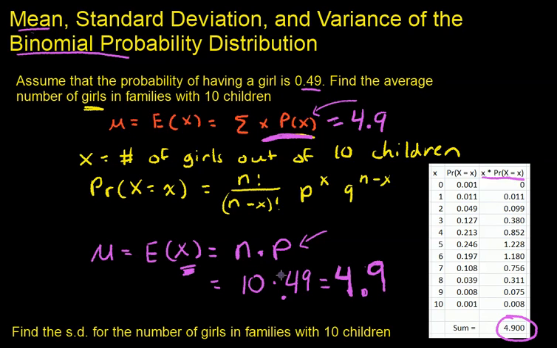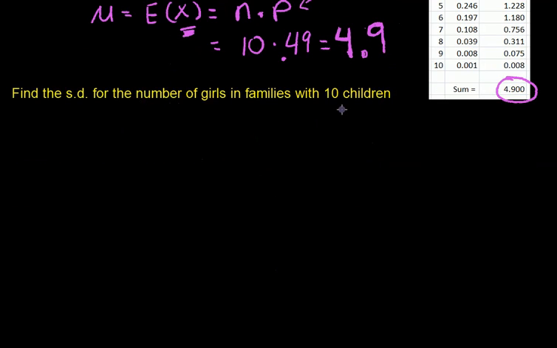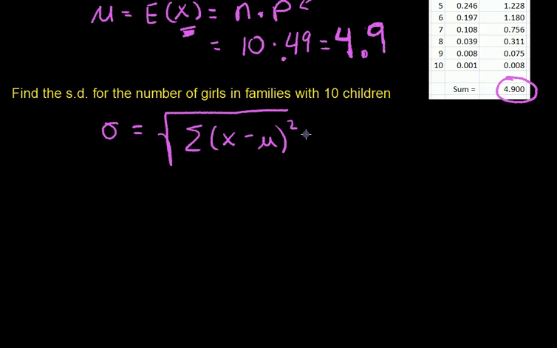Similarly, when finding the standard deviation for the number of girls in families with 10 children, before we would have used the sum of x minus mu squared times p of x. This is the standard deviation equation we learned for any discrete distribution function. But calculating this would take a long time.